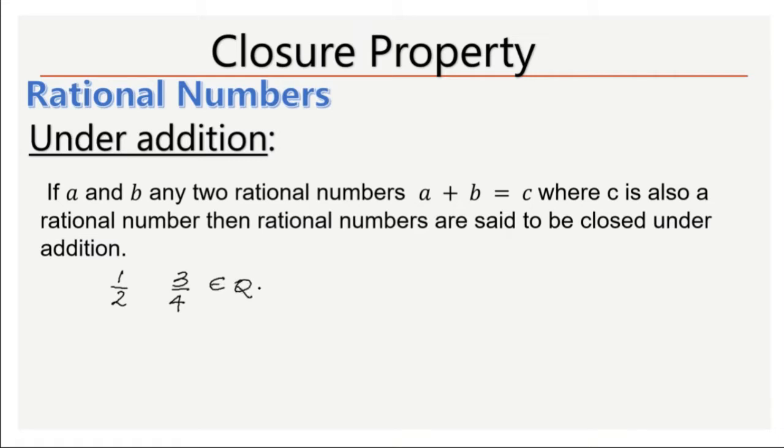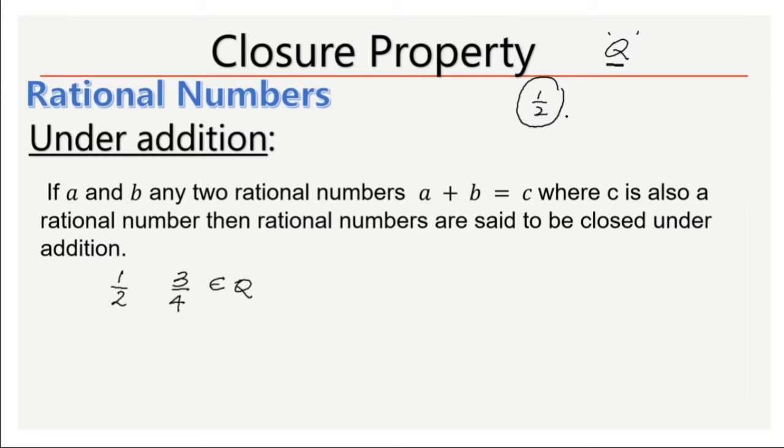To tell you, the set of rational numbers is represented by the letter Q. We all know that the rational number, say 1 by 2, means 1 is divided by 2. Whenever we divide a number by another number, we get a quotient.